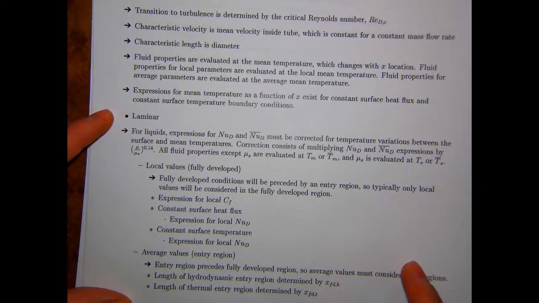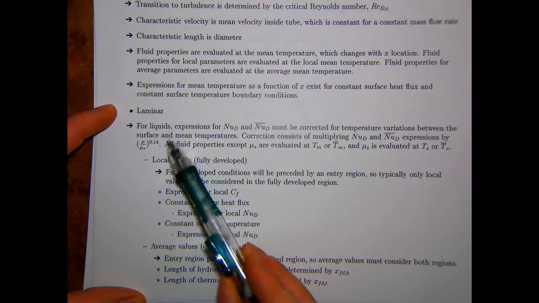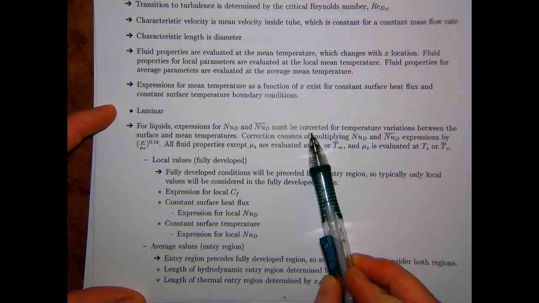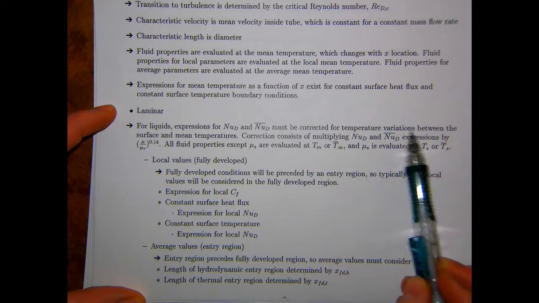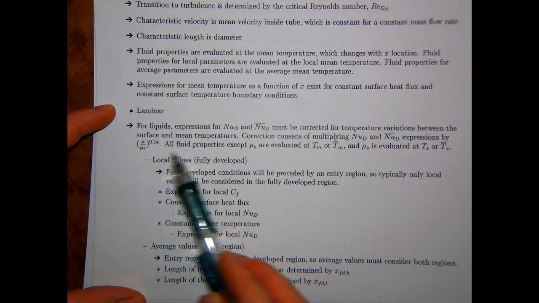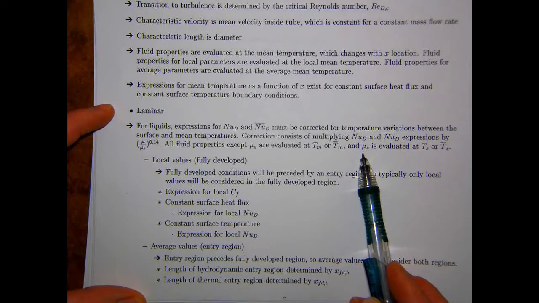And then for laminar flow, which we just talked about today, for liquids, the expressions that we wrote down must be corrected for temperature variations by the mu over mu sub s correction. Fluid properties are evaluated at the mean temperature, except mu sub s, which is evaluated at the surface temperature.